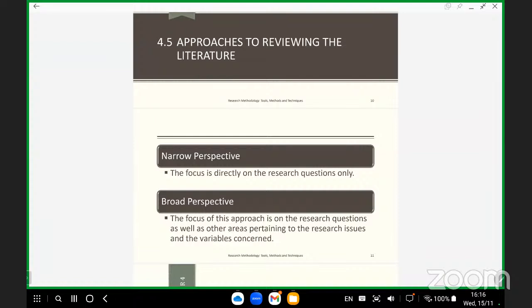Dan mungkin juga boleh bercakap tentang level PhD, level master, level degree, ijazah sarjana muda kan. Okay, so boleh juga mengupas tentang the tier of the study as well. Jadi itu sudah pergi jauh sikit, lebih broad.